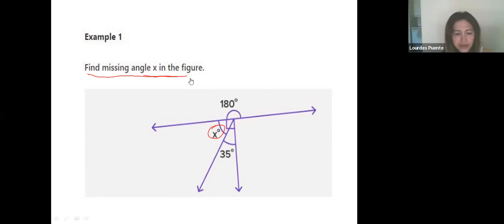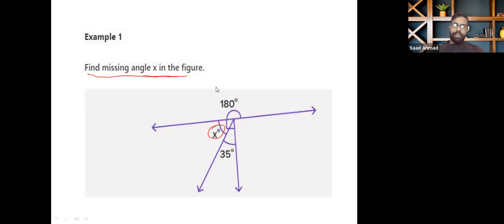Okay, let's see. This one is 180. This much is 180, so the remaining half is also 180. And we can see this much is 90, a right angle. Out of 90, there is 35 already.